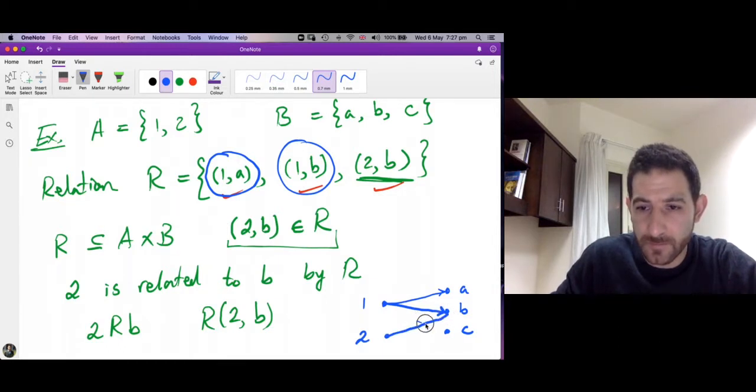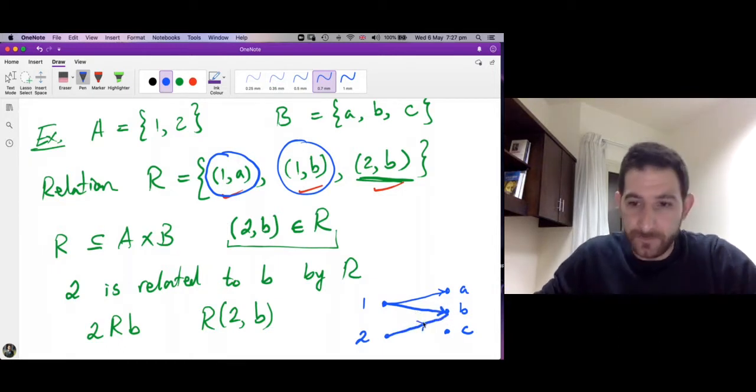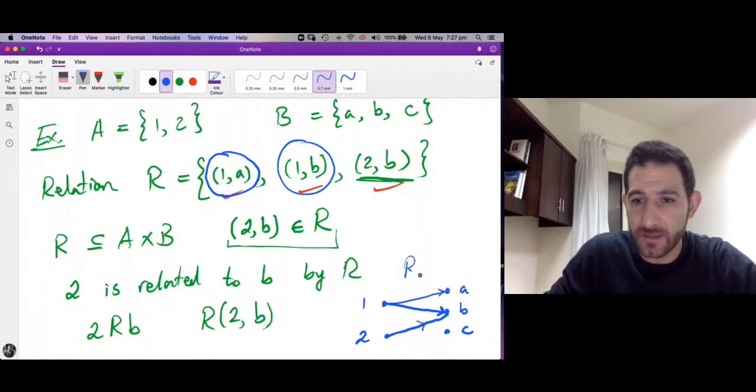Okay, so this arrow diagram, 1 related to A, 1 related to B, 2 related to B, represents the relation R. So this is how we use arrows to represent relations.